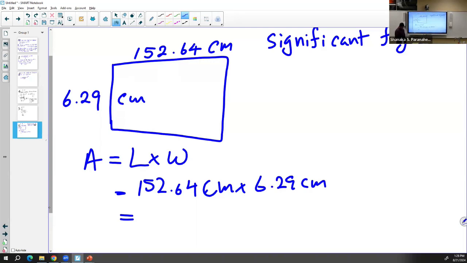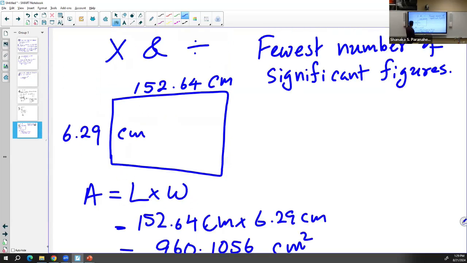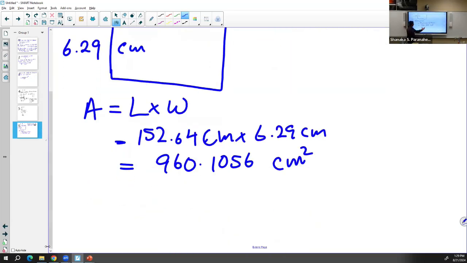The calculator value is 960.1056 centimeters. That's not your final answer in this class. You might have this as a choice, but you're not going to keep your calculator display as the final answer.